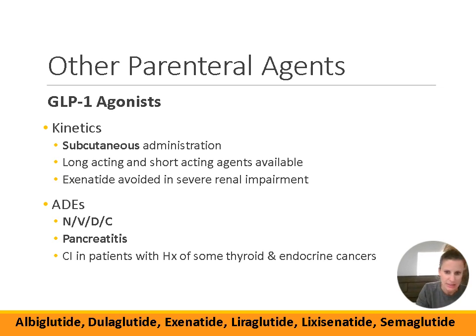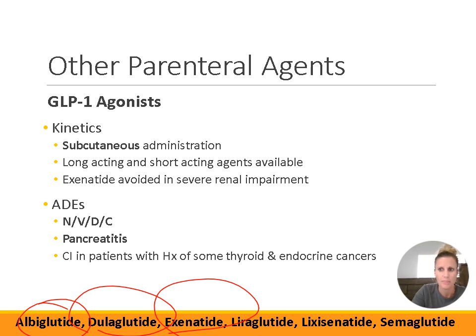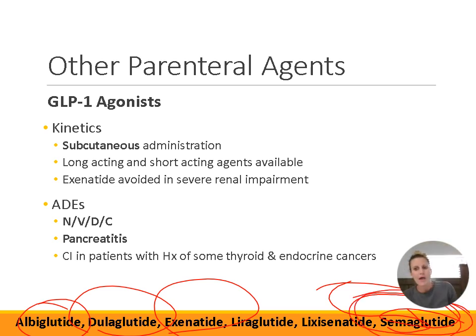Dulaglutide, exenatide, and others are all available in once weekly dosing, so that's nice. They are given via subcutaneous administration. So again, these are other parenteral agents. They do need to be injected. There are long-acting and short-acting agents available.